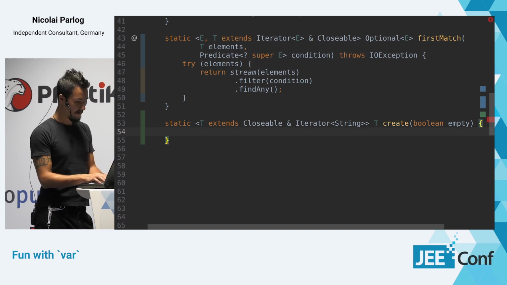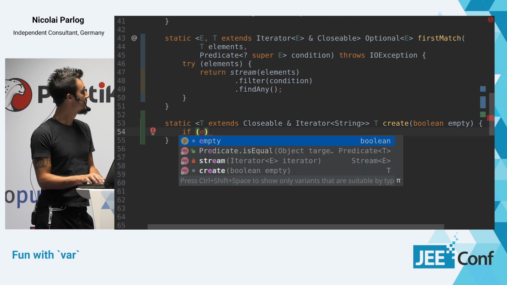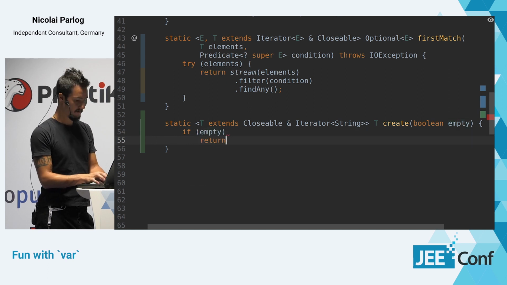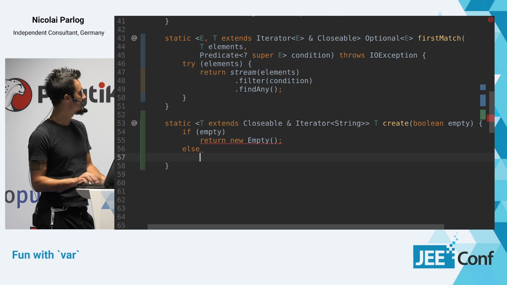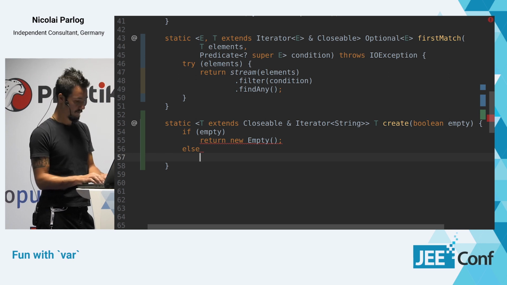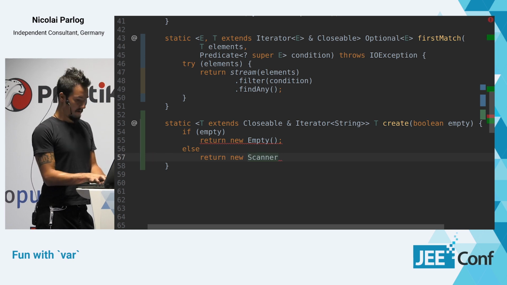And the idea here is if it's empty, well, then we just return Empty. That's a class down there that is really boring, does nothing. But apparently it doesn't have the right types. Let's see. Else, we return a new Scanner from System.in.